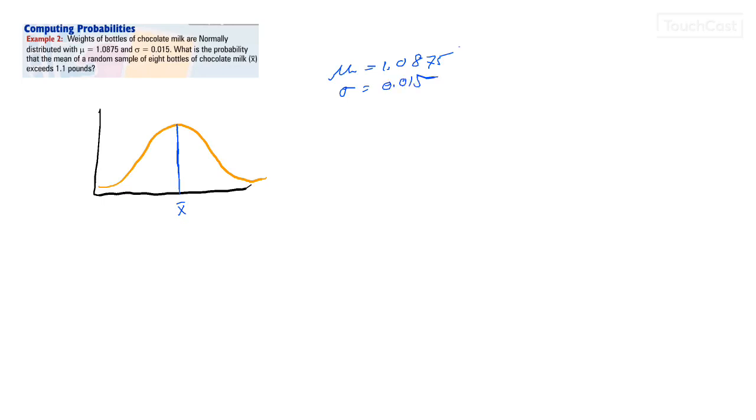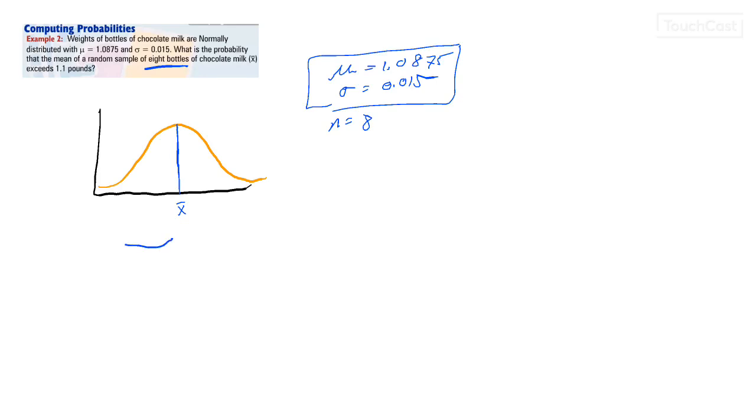So these are our facts, the stuff that we know so far. And we also know that the sample size, n, is equal to 8, because we picked 8 bottles of chocolate milk from the pack. So our n is equal to 8, and we know mu and the population standard deviation.